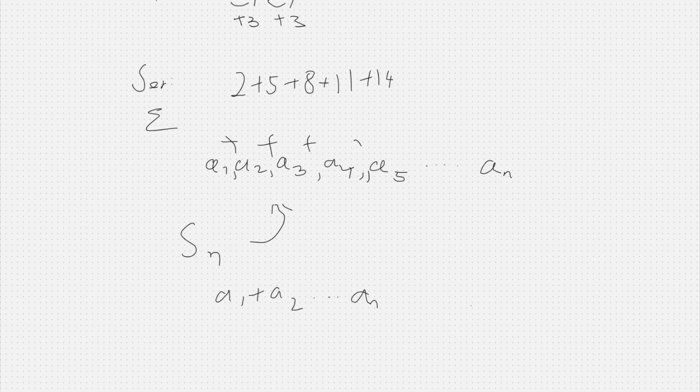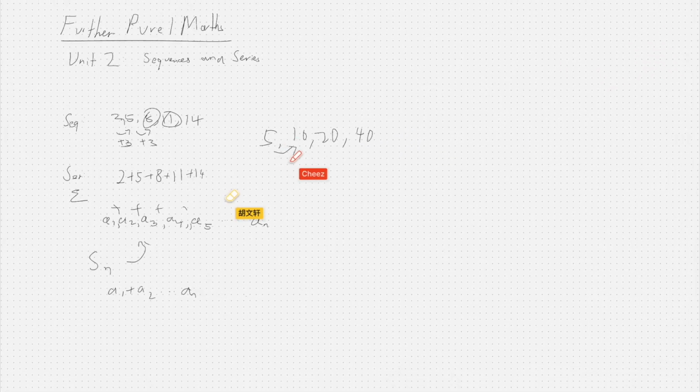A common difference is the number you add each time in an arithmetic sequence, such as for this sequence, the common difference is 3. For another sequence, if it isn't an arithmetic sequence, such as this geometric sequence, there is no common difference to talk about, since the difference is constantly changing.